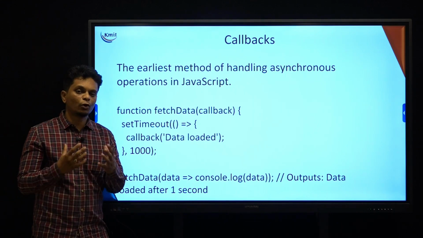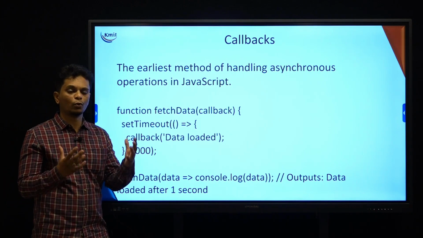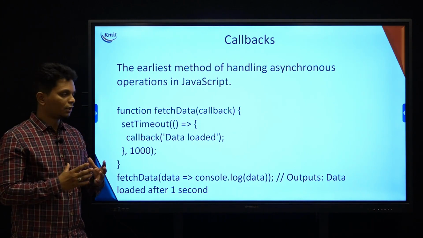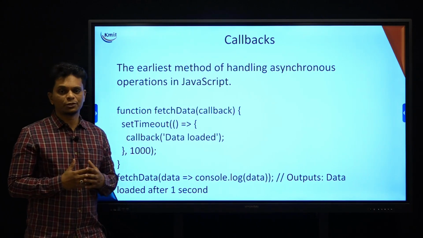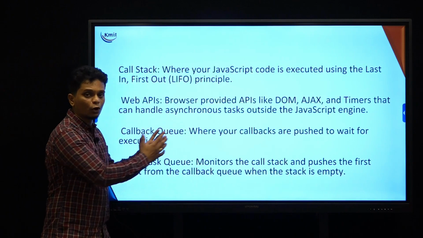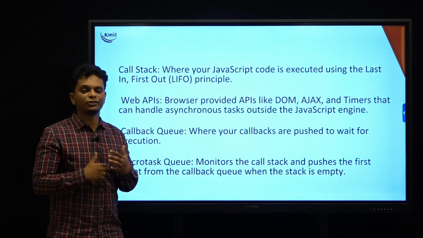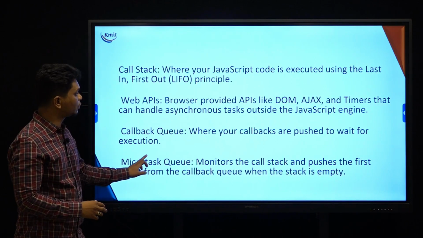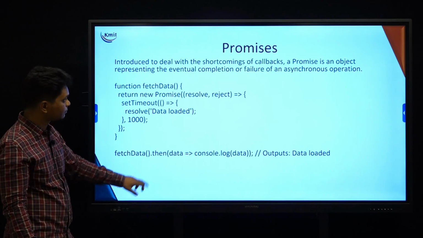Using callbacks was found difficult as the code increased. So down the line, what happened? A lot of nested structures arose in JavaScript code that led to callback hell. As the complexity of JavaScript increased, callbacks were found difficult to use for asynchronous operations.